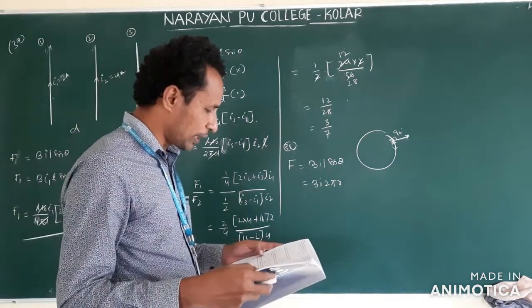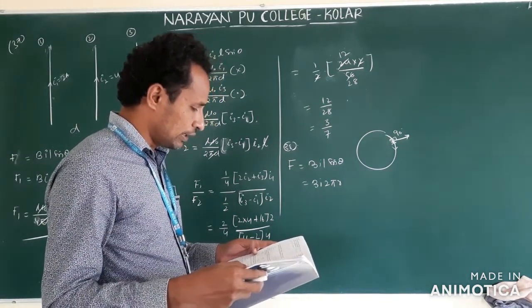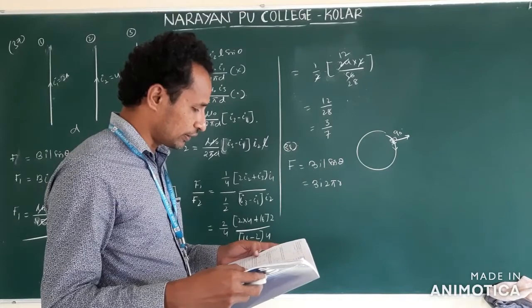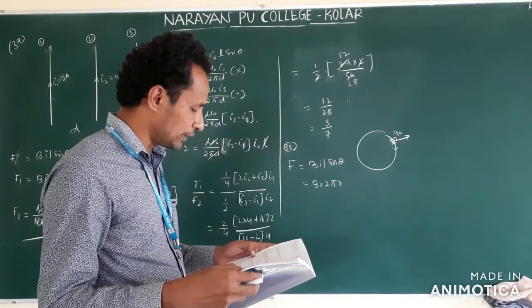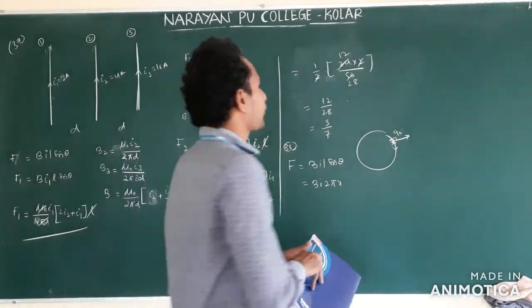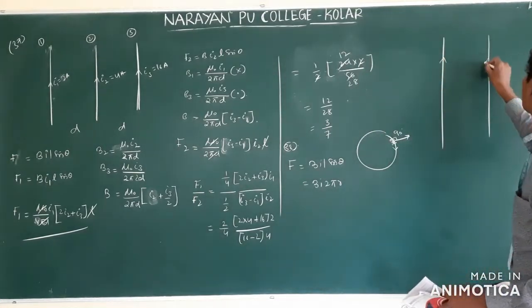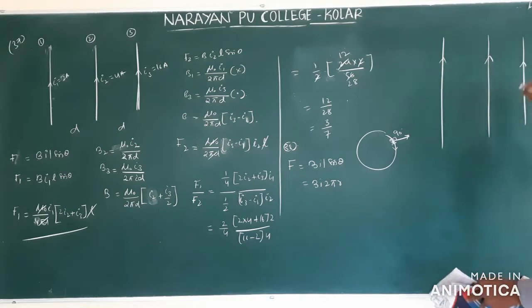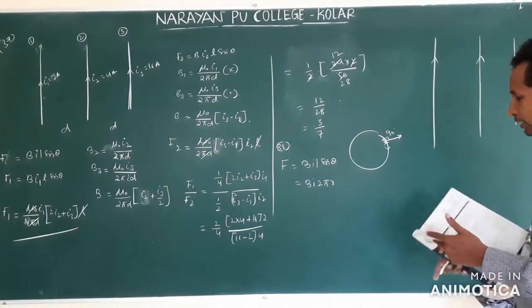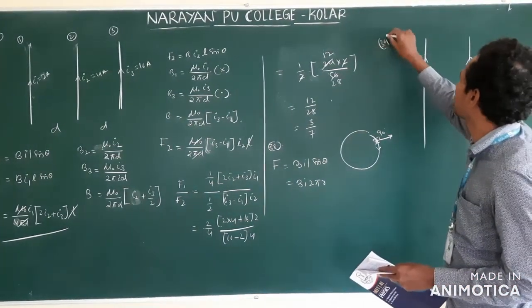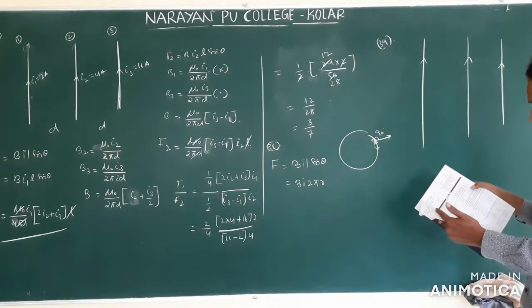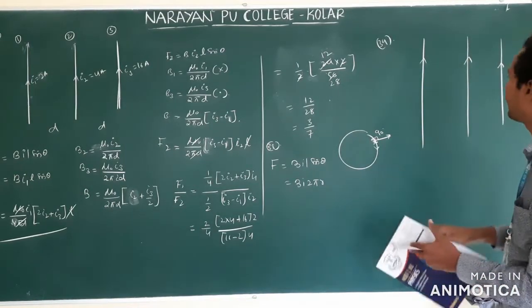Next, 39. What is 39? Three long straight parallel wires carrying a current are arranged as shown in the figure. The force experienced by L length of the middle wire is? Same procedure: first conductor, second conductor and third conductor. This is question number 39. Okay, they carry 2 I naught, I naught, I naught.